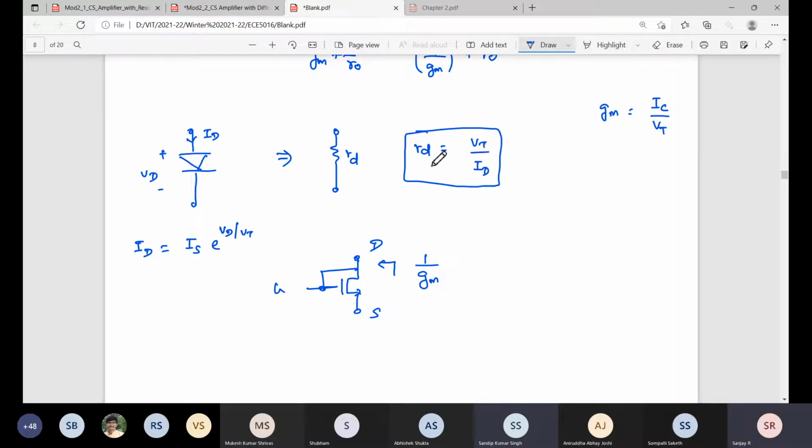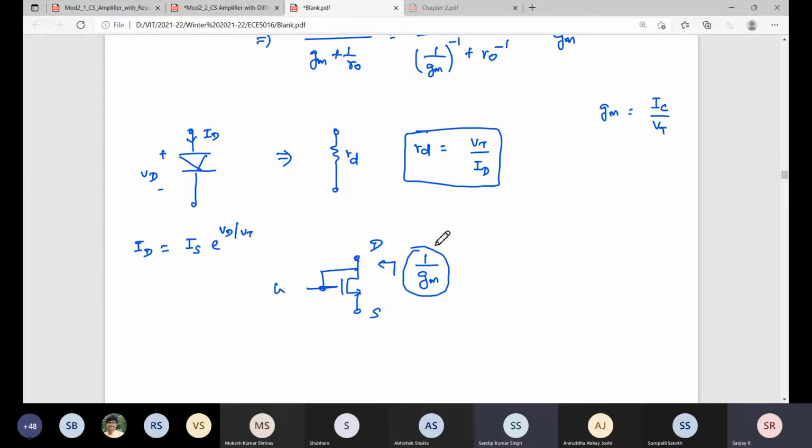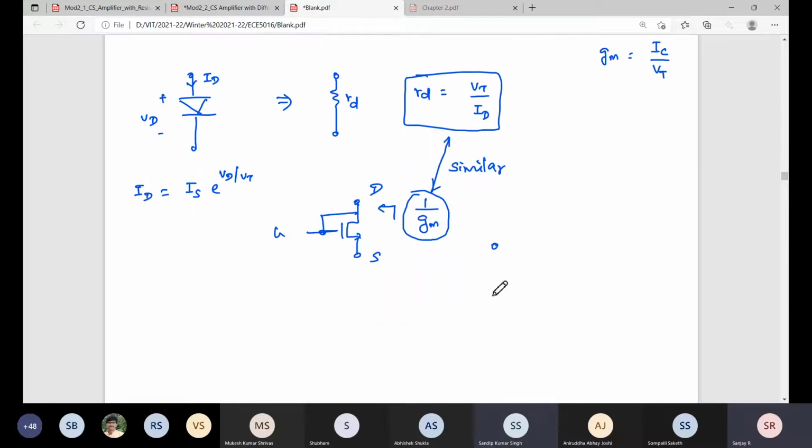Fine. So what you understand is, gate and drain connected, it has small signal resistance of 1 by Gm. It is almost similar to the diode small signal resistance. Both are looking similar. That means the 3-terminal device can now be replaced by a 2-terminal device, 1 by Gm.